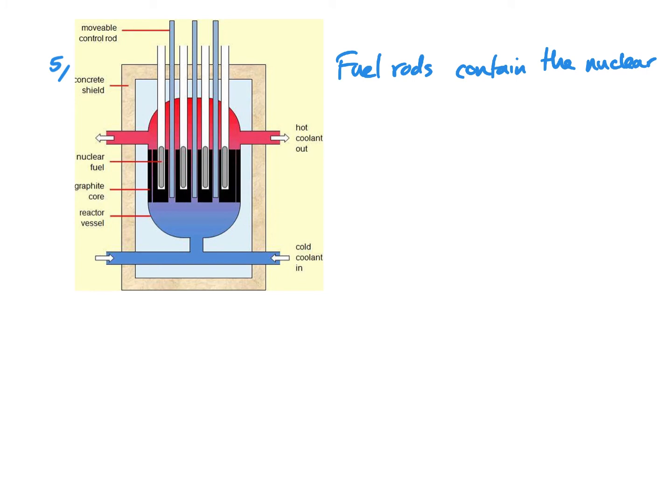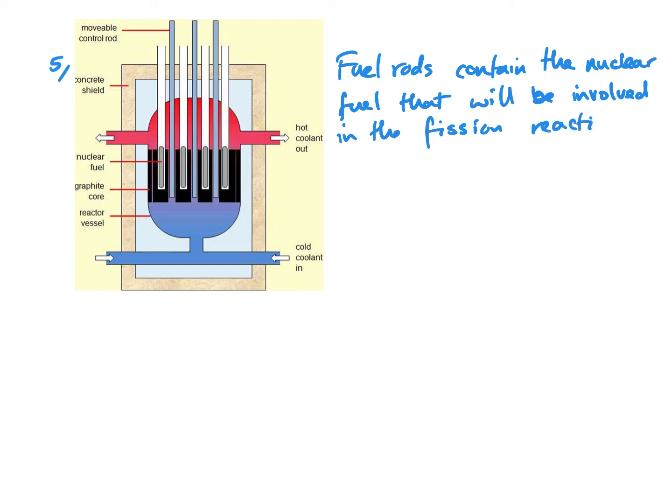And they contain the nuclear fuel involved in the fission reactions. So you've got your heavy elements, which will naturally split, or spontaneously fission, is the technical term of that.